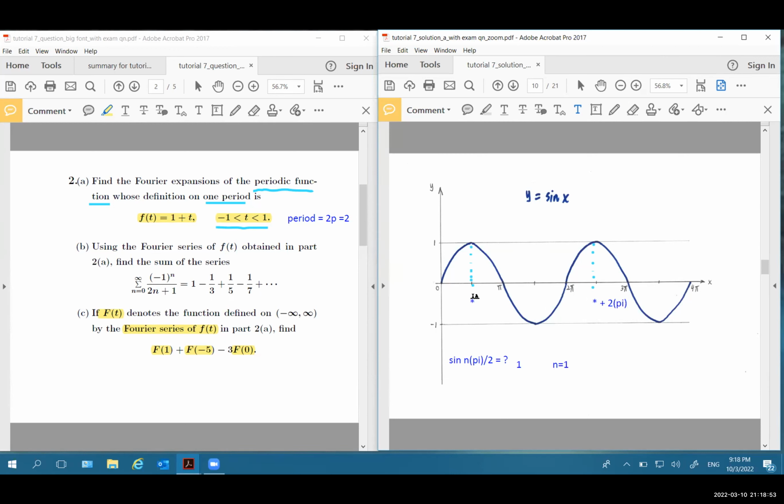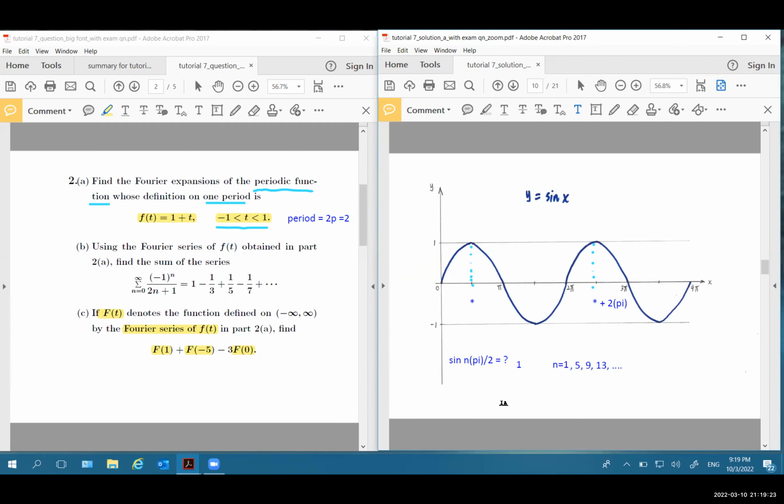So pi over 2 plus 2 pi is actually 5 pi over 2. So when n is 5, the value is also 1. Then you keep on adding 2 pi, and you get 9, 13, and so on. So for these n, sine n pi over 2 is 1.